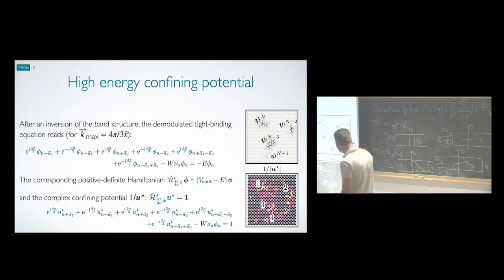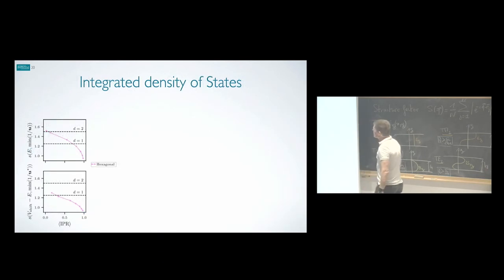See, here I plot the minima of the modulus of U star, and you see the position of the last four eigenstates and the minima of 1 over U star. So it works well.